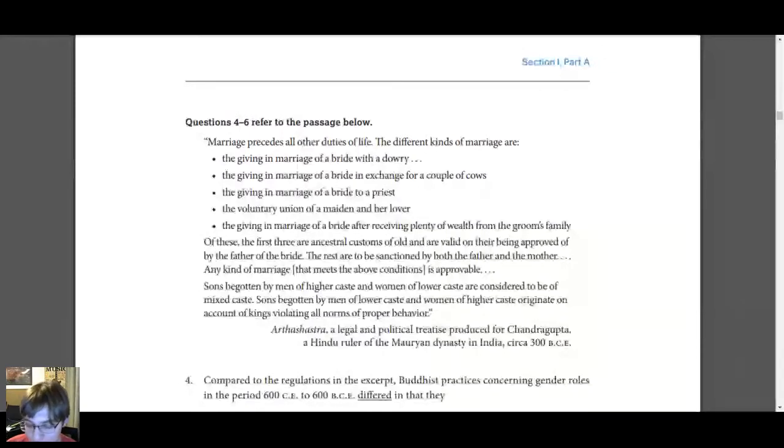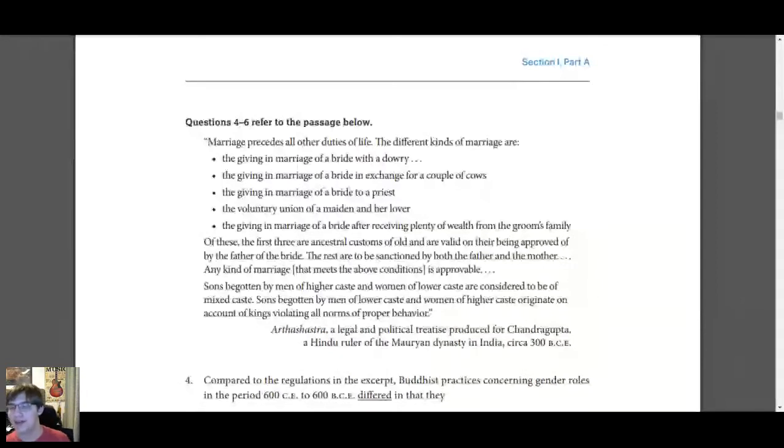Of these, the first three are ancestral customs, are of old, and are valid upon being approved of by the father of the bride. The rest are to be sanctioned by the father and the mother. Any kind of marriage that meets the above conditions is approvable. Sons begotten by men of higher caste and women of lower caste are considered to be mixed caste. Sons begotten by men of lower caste and women of higher caste originate on account of kings violating all norms of proper behavior.